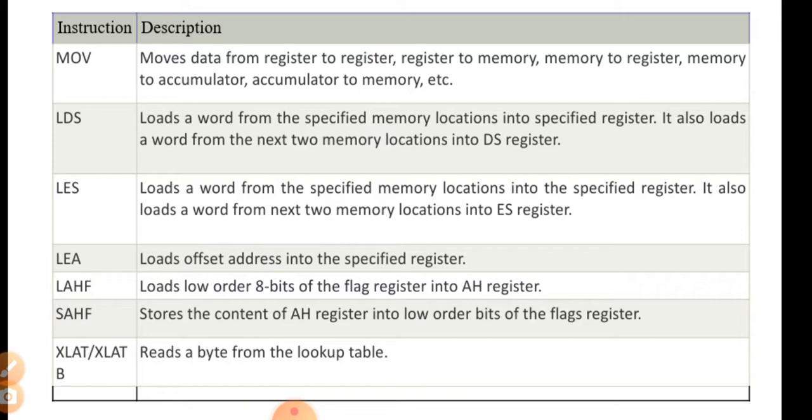These are 16-bit registers, but whenever the processor wants to perform an 8-bit operation, it divides that register into two 8-bit parts, that is AH and AL. AH contains the higher byte, and AL contains the lower byte.